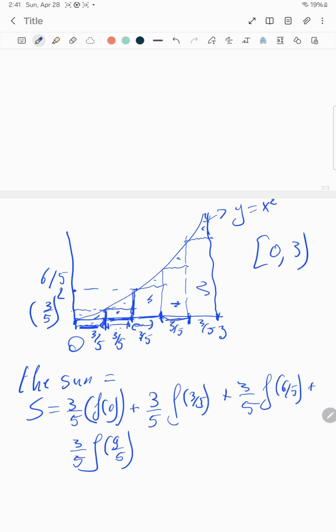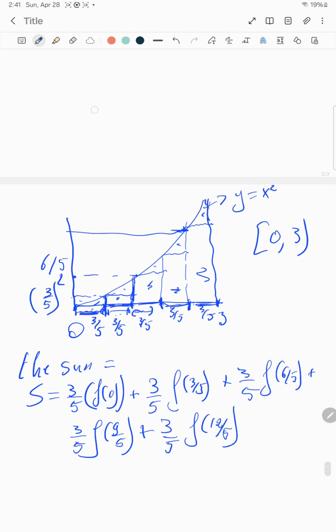And the last one, because I have 1, 2, 3, 4, and I divided it into 5 rectangles, again the width here is 3 over 5 multiplied by f of 12 over 5.